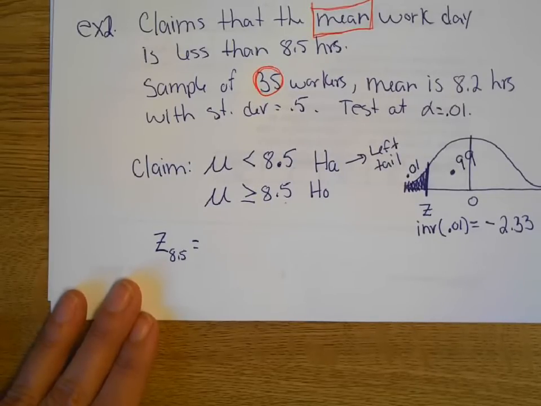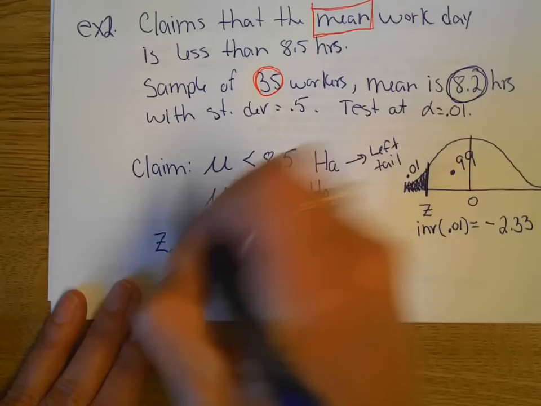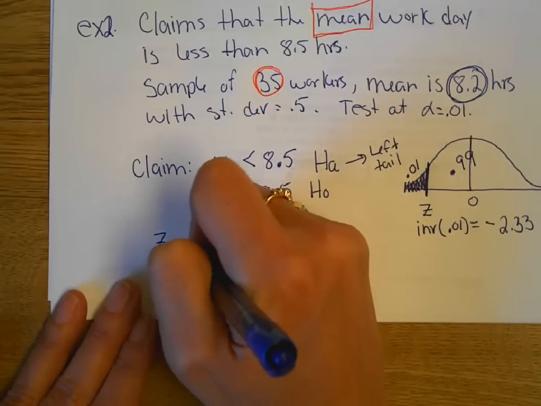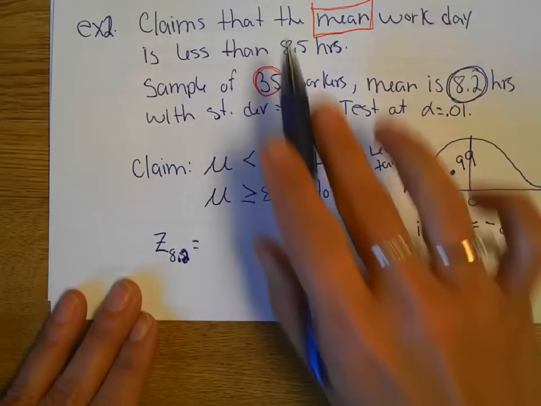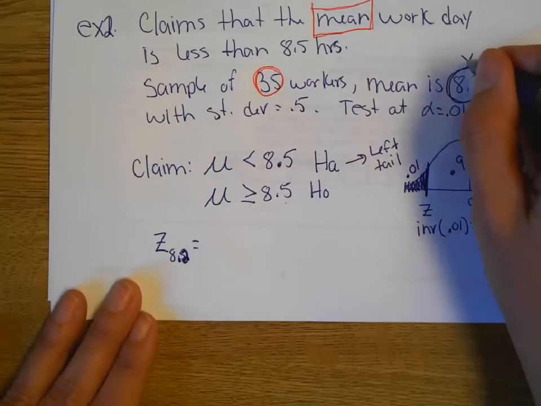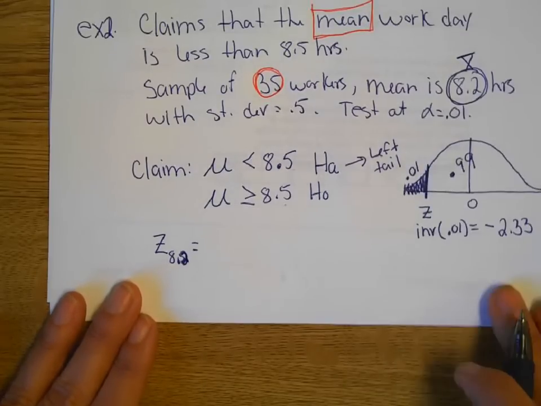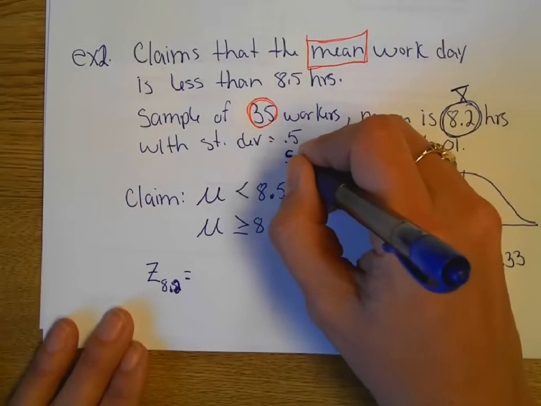Oh, I wrote this wrong. Not 8.2. My sample, 8.2. Sorry. So should the claim be 8.2? No, the claim is what he said. Now I've got a sample. I'm turning my sample mean into a z-score. 8.2 was my sample. This is my x bar. This is my S. S is 0.5.